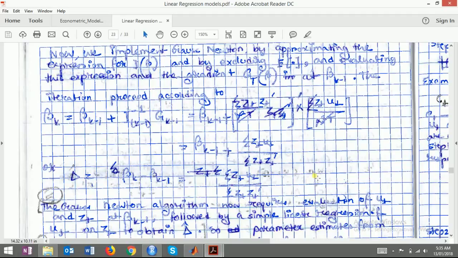Now we can implement Gauss-Newton because we have ZTUT. We can implement Gauss-Newton by approximating the expression for the information matrix of beta, which we have just derived.